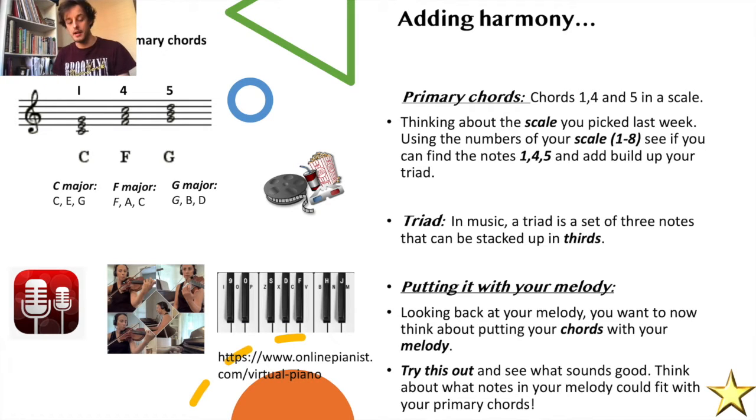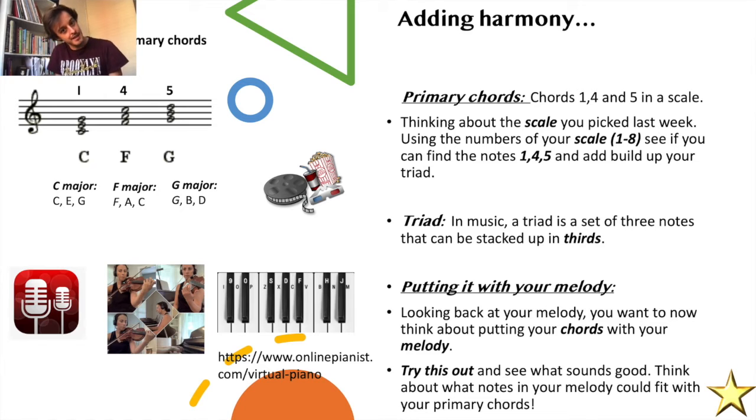Now the next one, we're going to go to 4. So 1, 2, 3, 4 in C major. That 4th degree, like we talked about, is our F. And then we're going to stack it up in thirds. So we've got an F, skip a note, play a note, A, skip a note, play a note, C. So we've got F, A, C, and that's an F major chord. Now you may be noticing that you recognise major and minor.